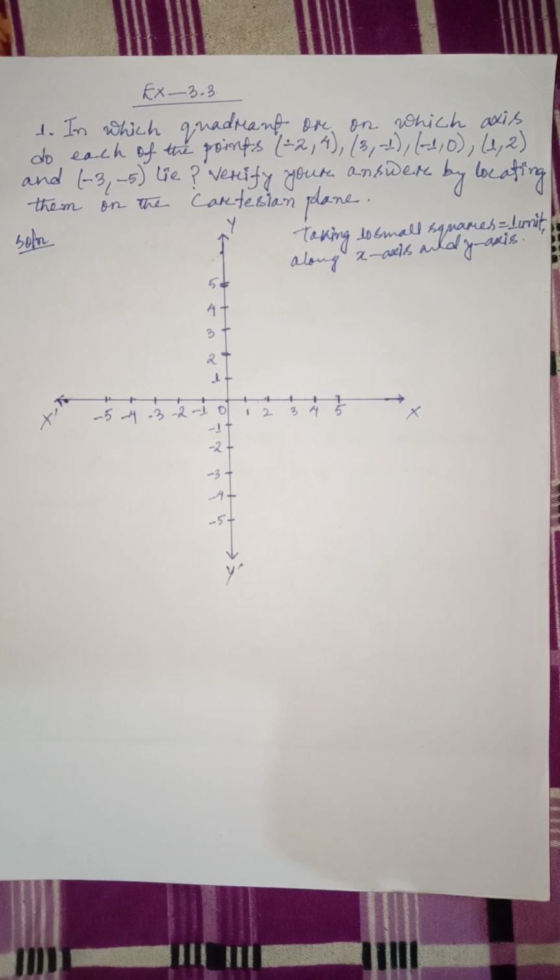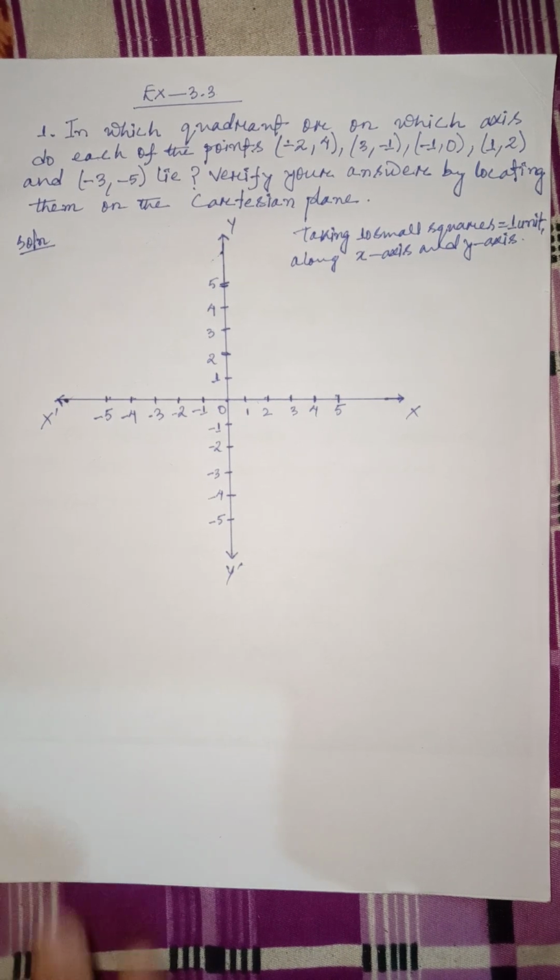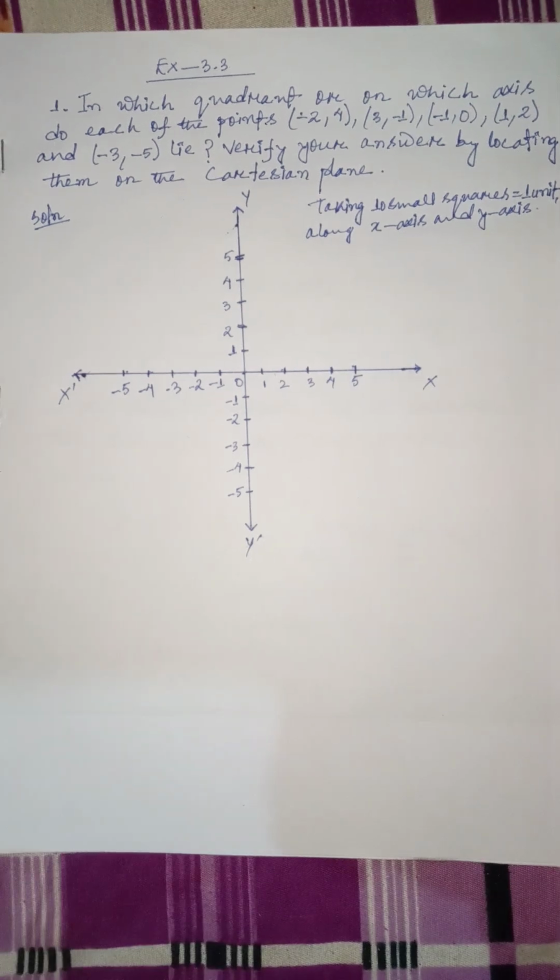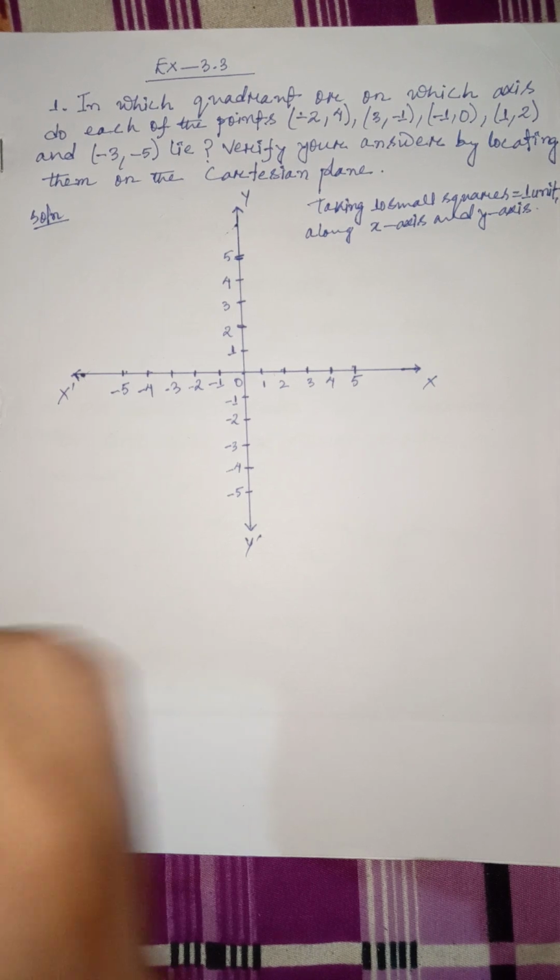Then after drawing this, whatever points are given to us, we have to put in this, and then we have to identify which quadrant it lies in. And how we know the quadrant, we have to give some reason for that as well, right? Now without delaying much time, let us first begin with this minus 2, 4.